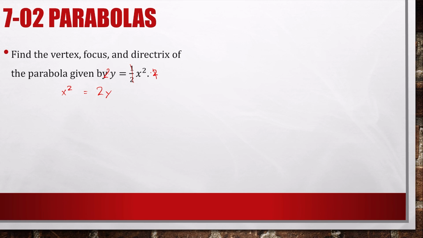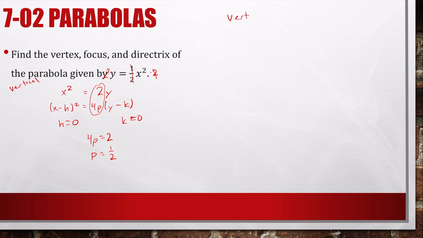Now since it's x squared, we know that is vertical. If we compare it to the standard form, we can see h is 0 and k is 0. We can also see here that 4p equals 2. So p must be 2 over 4, or a half.